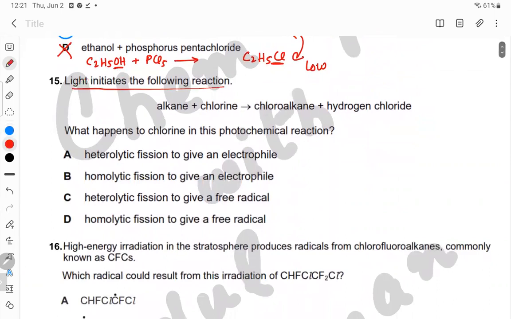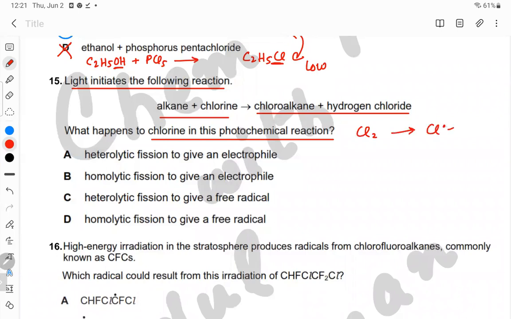Light initiates the following reaction: when an alkane reacts with chlorine, chloroalkane and HCl form. What happens to the chlorine in this photochemical reaction? If you recall, chlorine reacts in UV light forming chlorine radicals, which means a homolytic fission occurs.